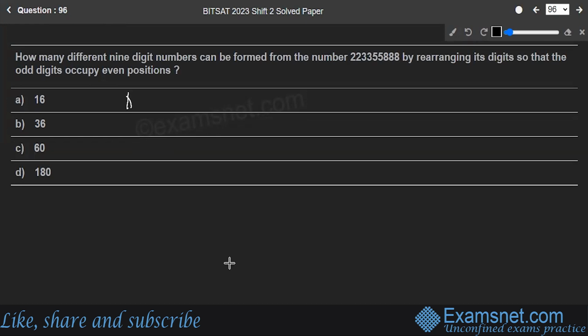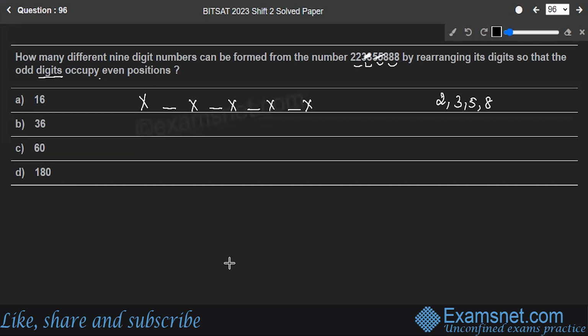Let's say this is the pattern: cross, space, cross, space, cross, space, cross, space, cross. The digits are 2, 3, 5, and 8, the 4 different units. Out of these, you have 3 2s and 2 5s. You are given that rearranging digits so that odd digits occupy even places.